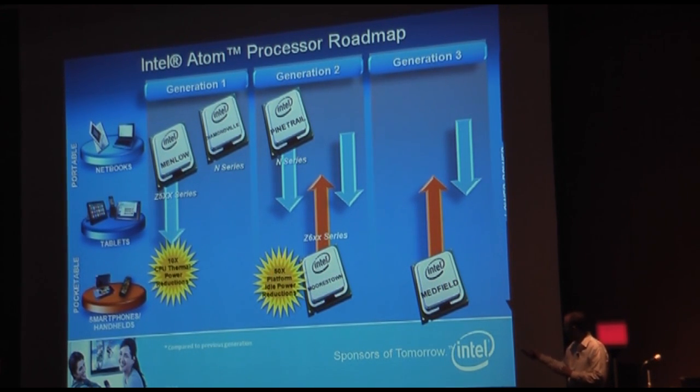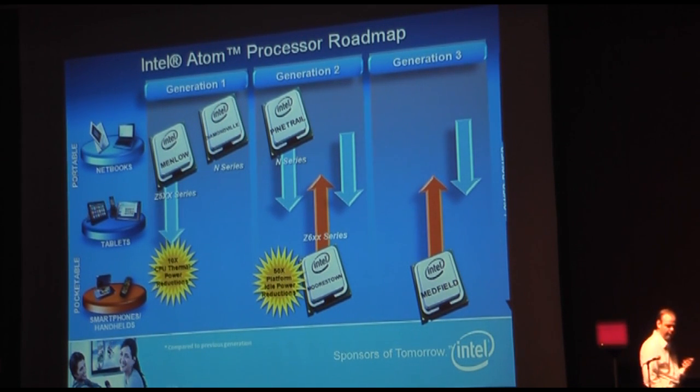Dramatically lower power if you compare it to previous generation Menlo, which was targeting sort of the tablet space. So a 50x reduction in the idle power there. And then we're hard at work on the next generation of platform for the handheld space, which is called Medfield. And you can expect that trend of continuing to reduce the overall platform power and continuing to focus on performance to carry forward with Medfield.